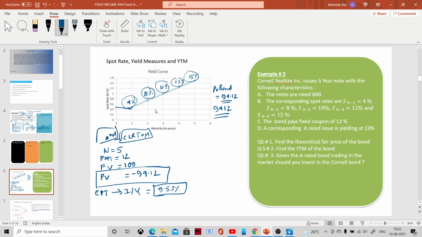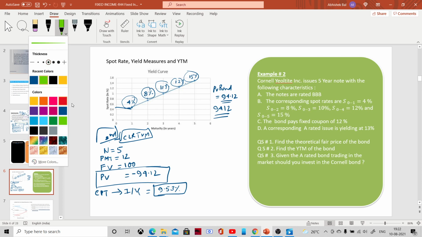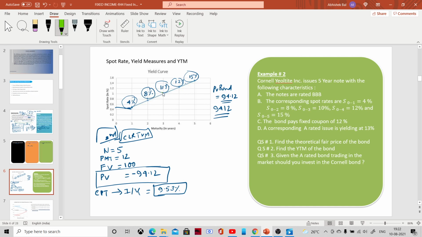So what is this 9.53%? This 9.53% is the yield to maturity of the security.